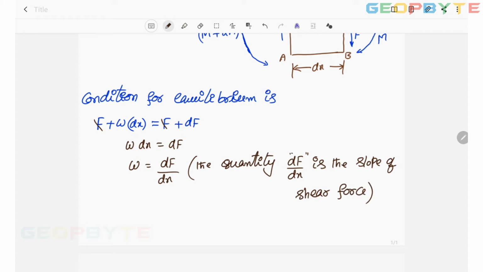So from that relation, it is very clear that the intensity of load is the rate of change of shear force with respect to the length of the beam.